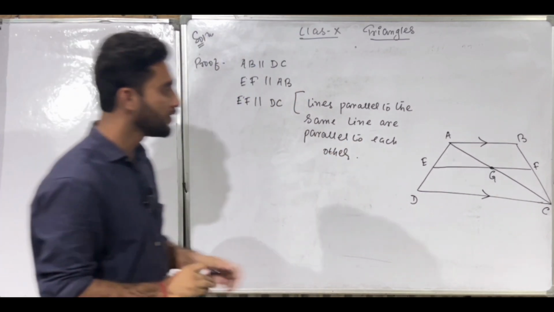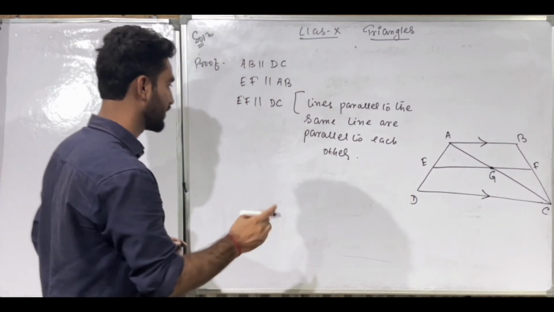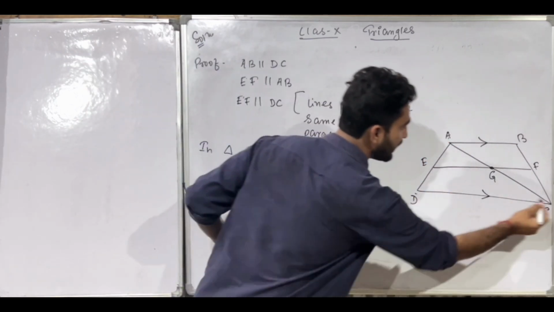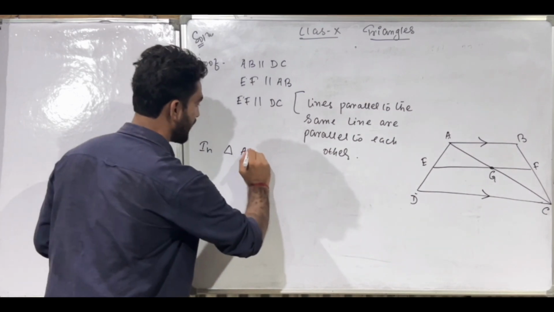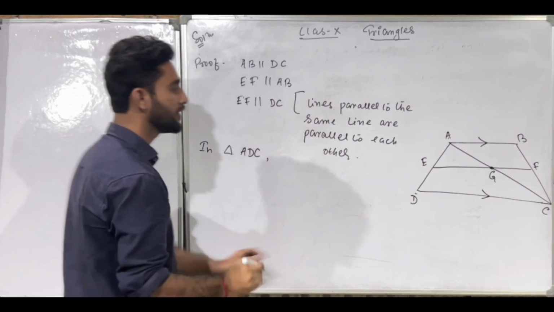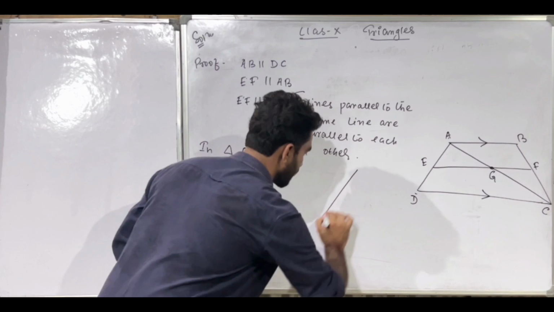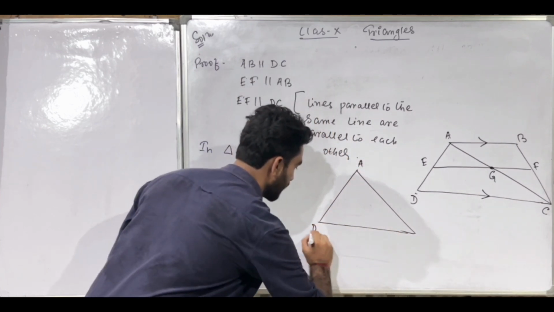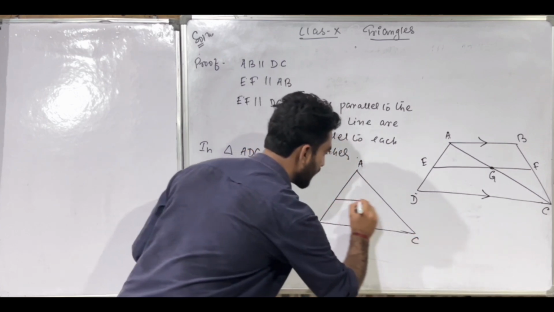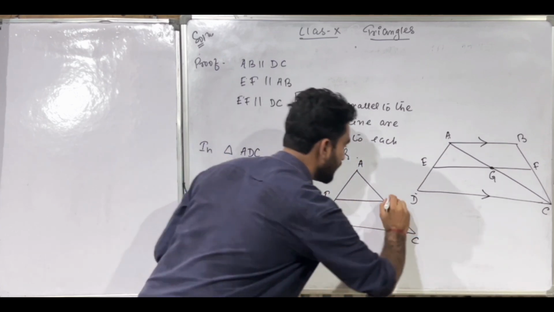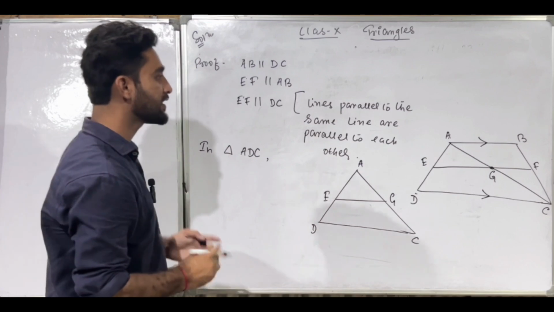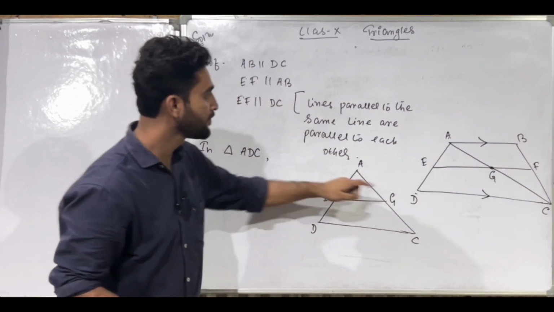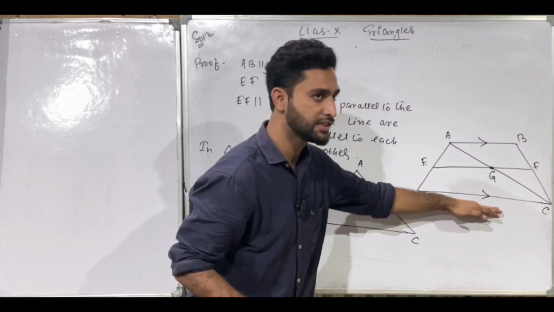Now here we have to consider one triangle. Here we can see the triangle ADC. In triangle ADC, if I draw this triangle separately, triangle ADC, and in this triangle EG. Now in the question we already got EF is parallel to CD or DC.